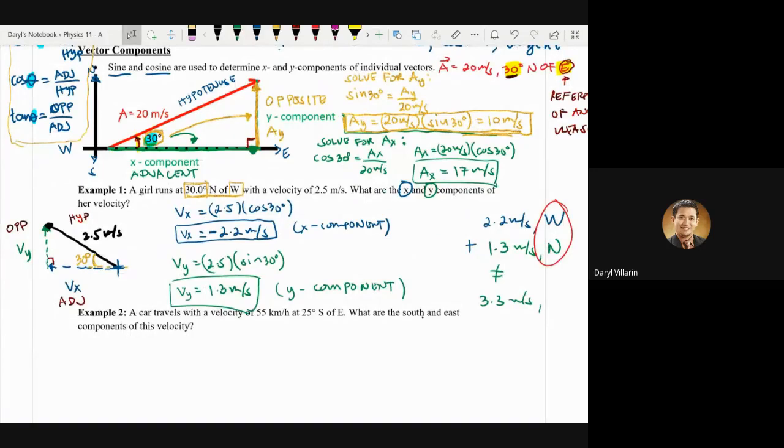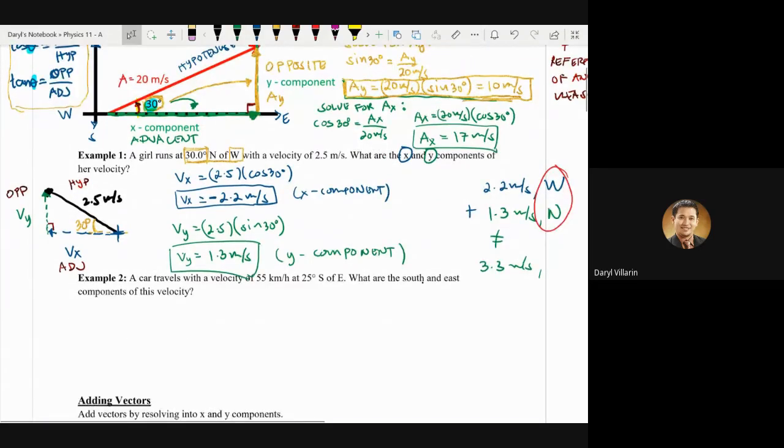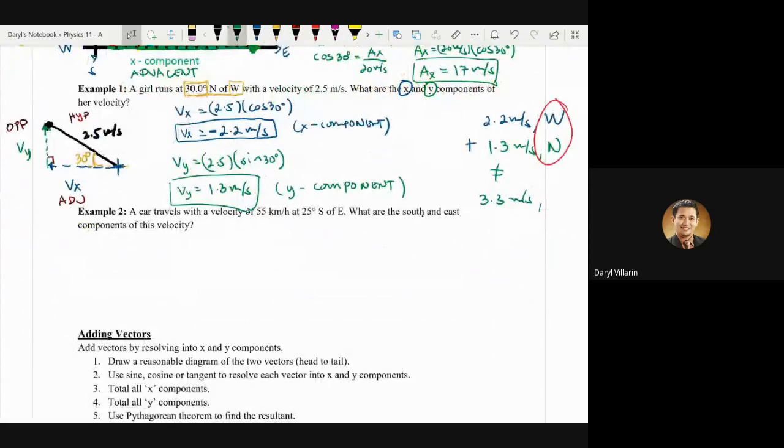Okay, let's take example number 2 here. A car travels with a velocity of 55 kilometers per hour at 25 degrees south of east. What are the south and east components of this velocity?